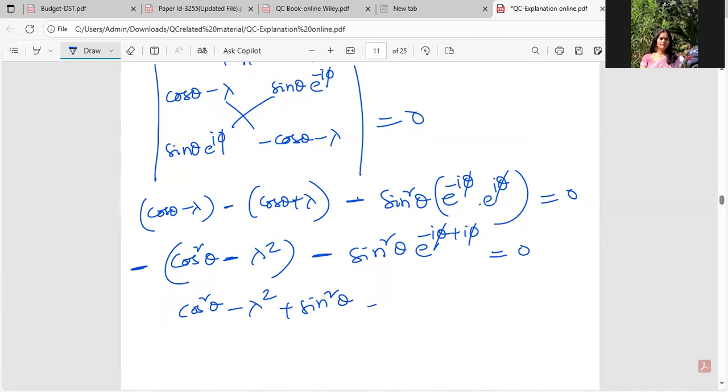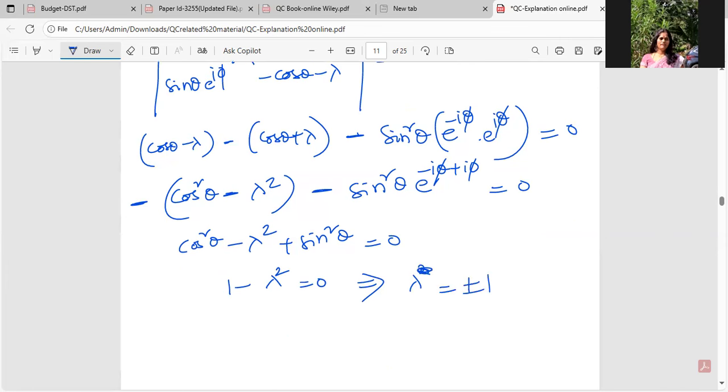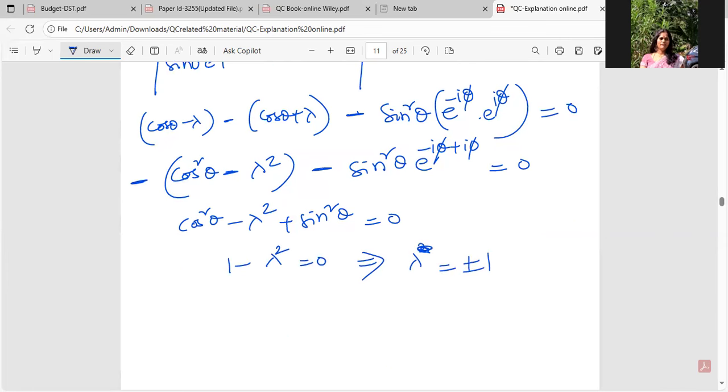Cos square plus sine square is 1. So 1 minus lambda squared is equal to 0 implies lambda squared is equal to 1. Hence lambda is equal to plus or minus 1. Fine. My eigenvalues are lambda equal to minus 1, plus 1.